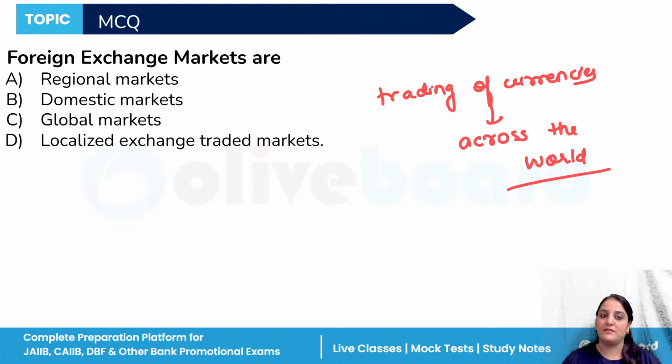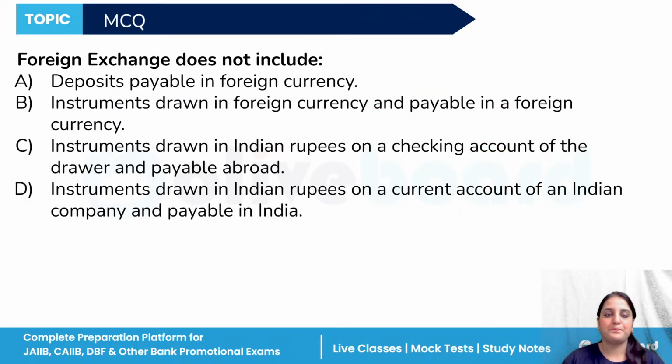Global market is correct because the foreign exchange market operates on a global scale, allowing trading between currencies from various countries with a 24-hour trading cycle. So option C is correct here: foreign exchange markets are global markets.